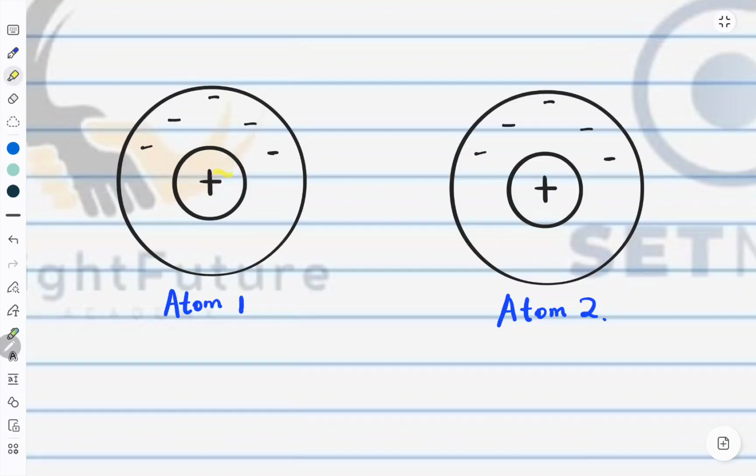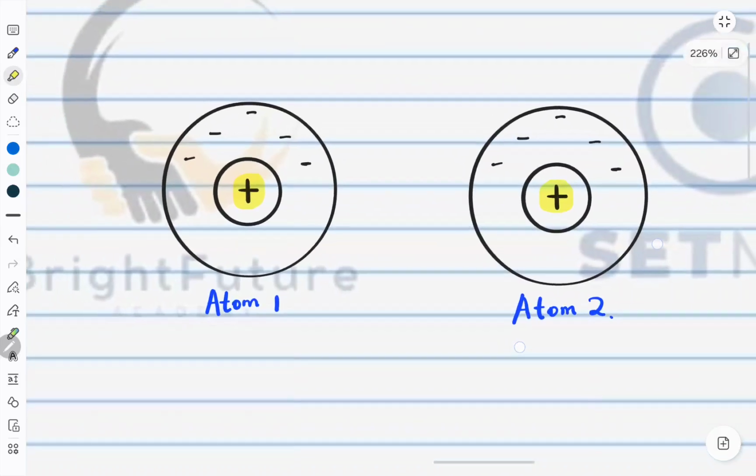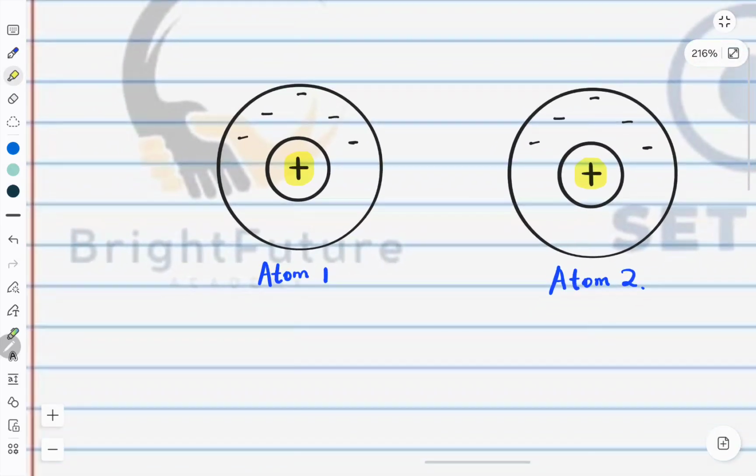You have these two centers. They are both positively charged, right? So if these are close enough to one another, these two centers, or the nuclei, right? The nuclei will exert a force of repulsion on one another.